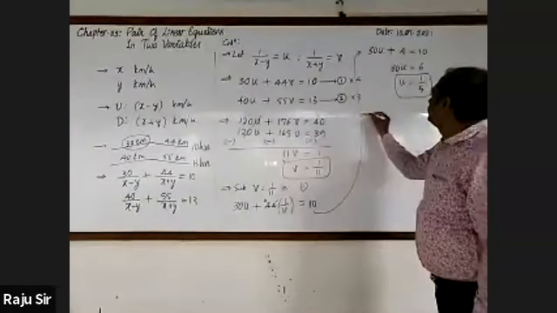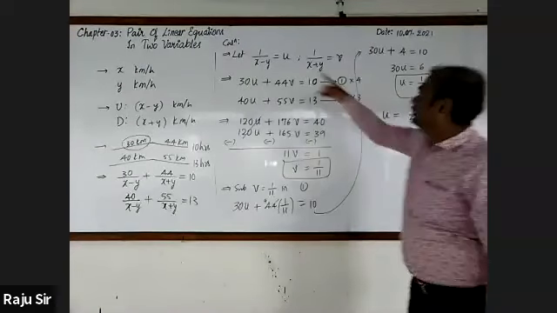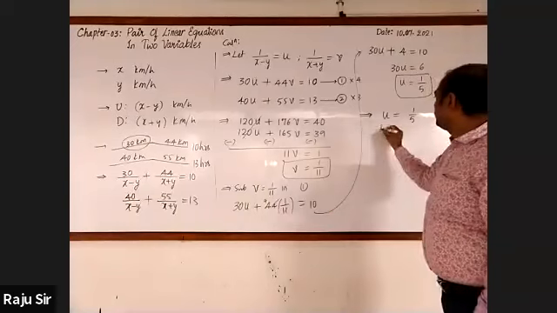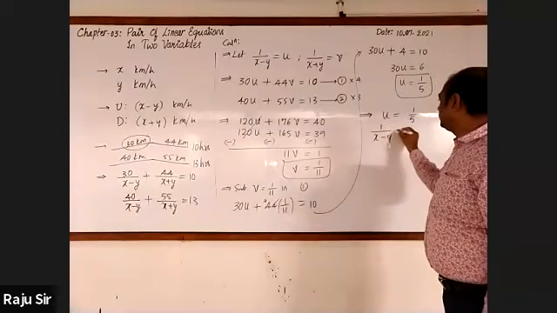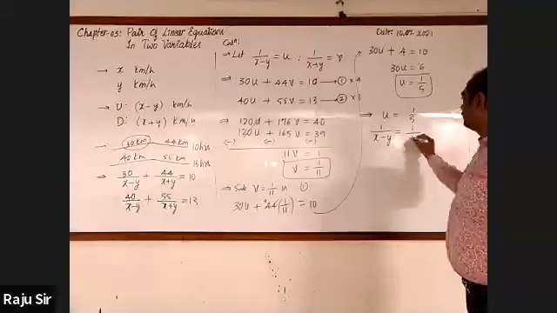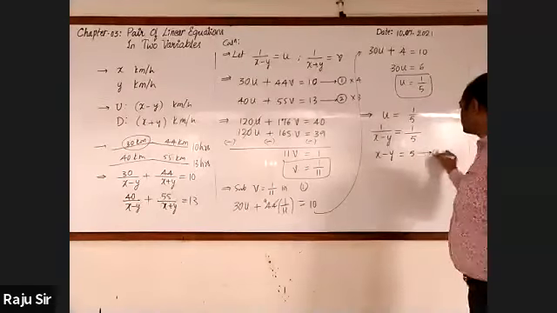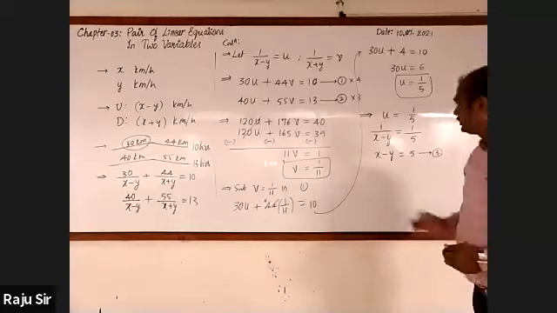First, u is equal to 1 by 5, where u is 1 by x minus y, so taking the reciprocal, x minus y is equal to 5. You may call it equation 3.